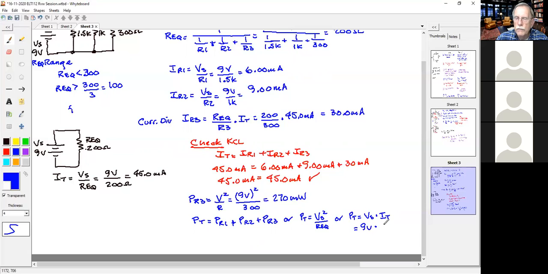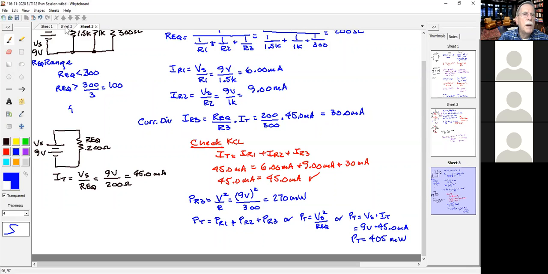VS times 45 milliamps: 9 times 45 is 405 milliwatts.